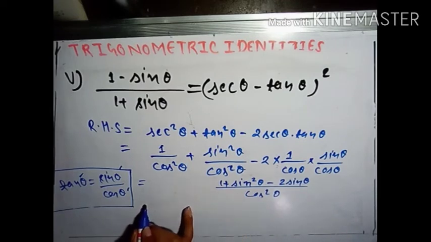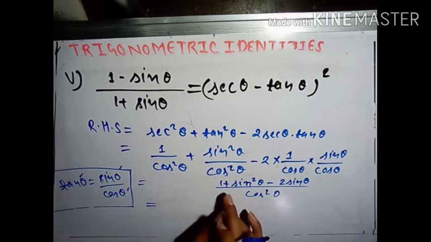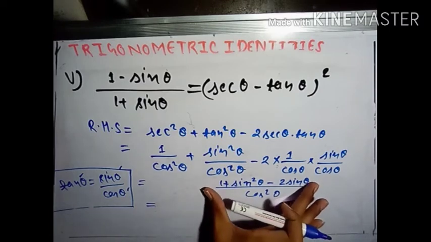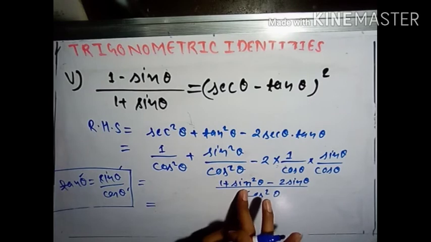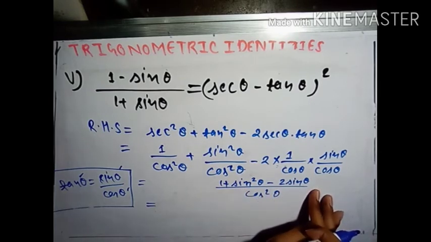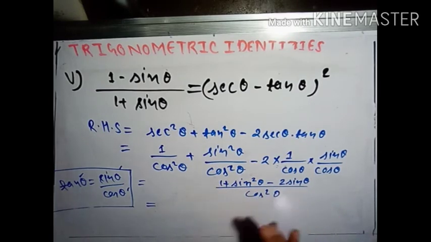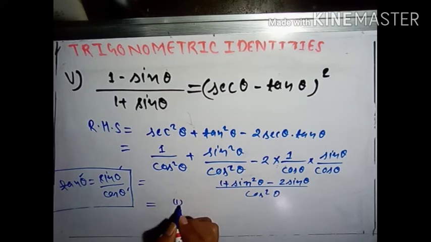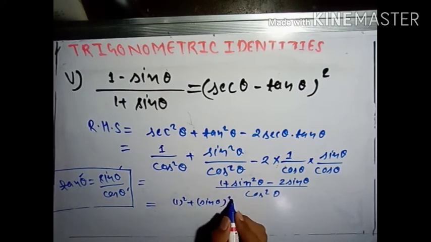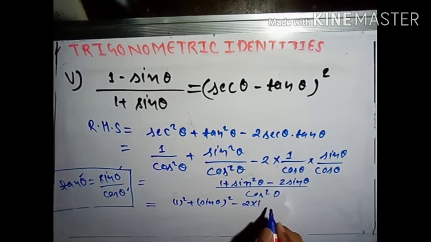Now the next step: this expression, 1 plus sine square theta minus 2 sine theta, can be written in this form: 1 square plus sine theta whole square minus 2 times 1 into sine theta.